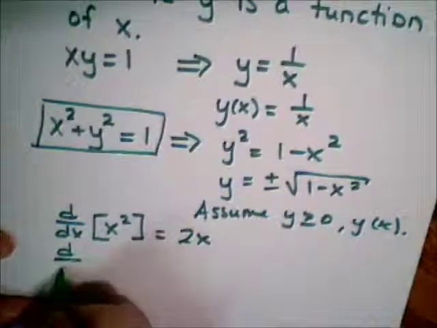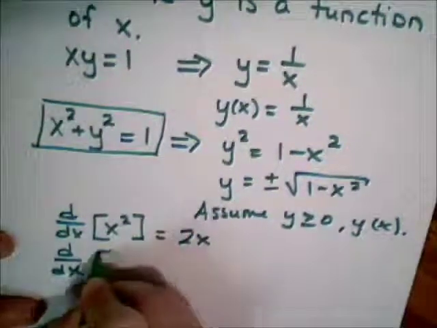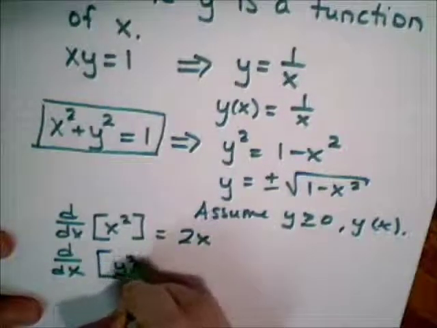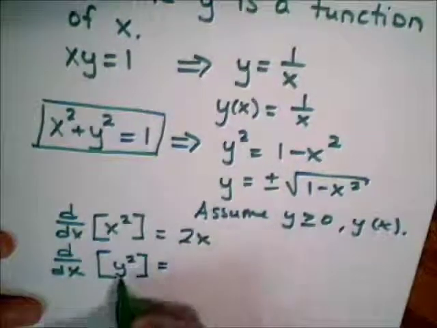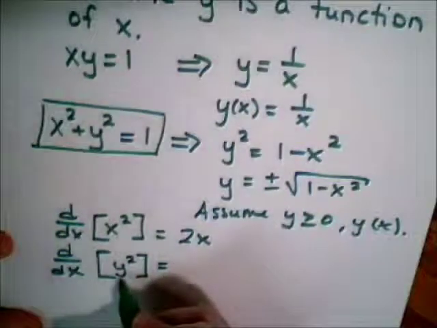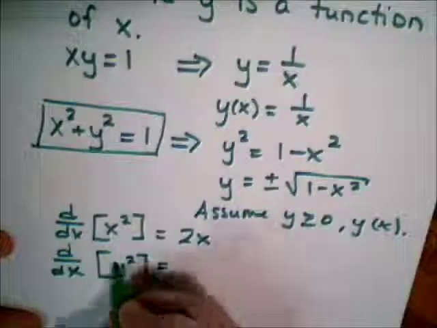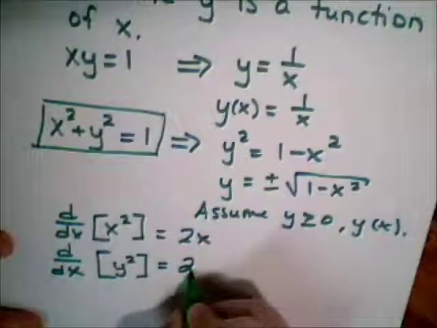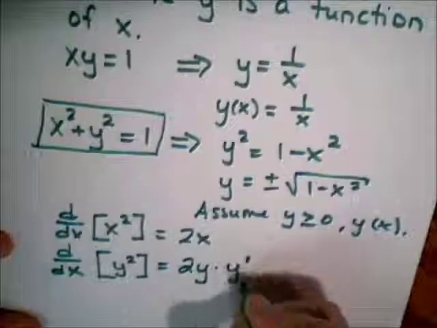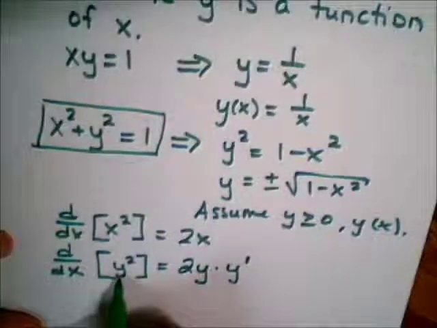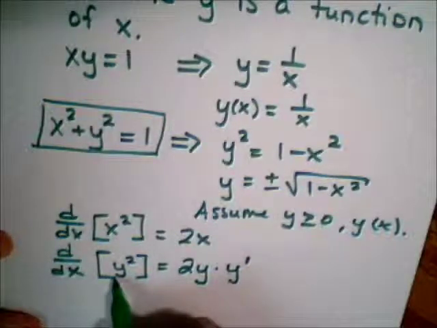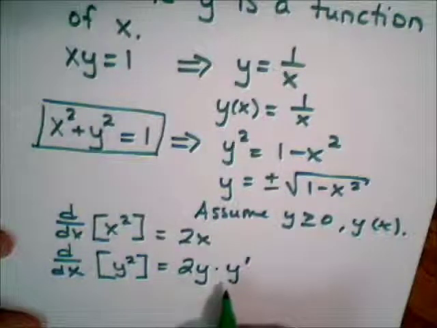On the other hand, we need to remember, when we take the derivative with respect to x, and we have some function written in y, and we have assumed at the outset that y is a function of x, yes, we use the power rule, but we also have to use the chain rule. So the derivative of y squared is not just 2 times y, but the derivative of y squared is 2 times y prime.